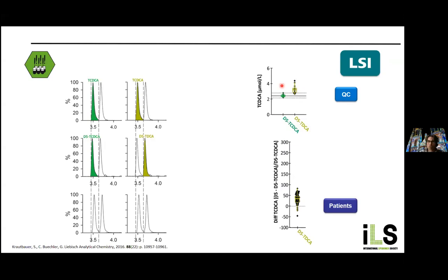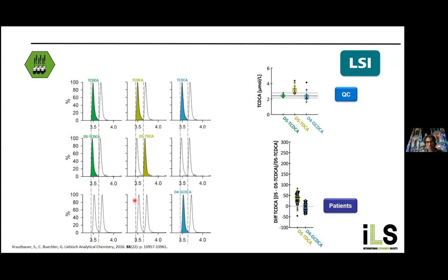She did it not only for the quality controls, but also for the patient samples, where we used the values determined with the matching internal standard as the reference. You see a similar shift and variation. This is up to 50%, so you may miss the accurate value by up to 50%.